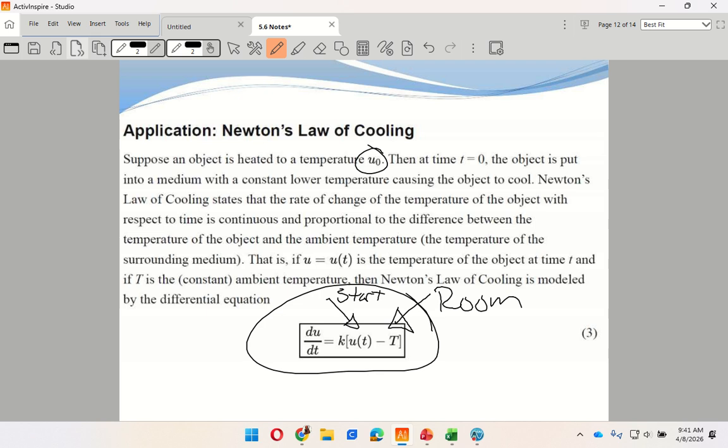So if we have these values, what can we find? We can find the K, can't we? That's important. We can go through and do the math like we did a minute ago to find that K value.